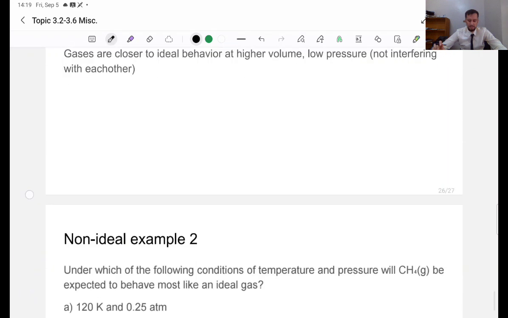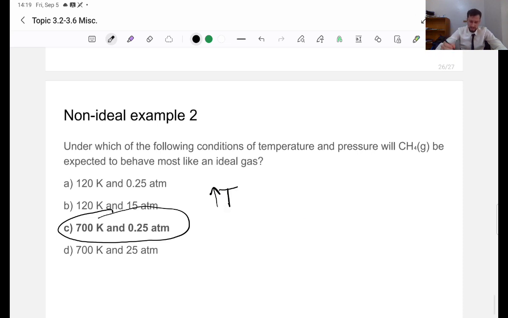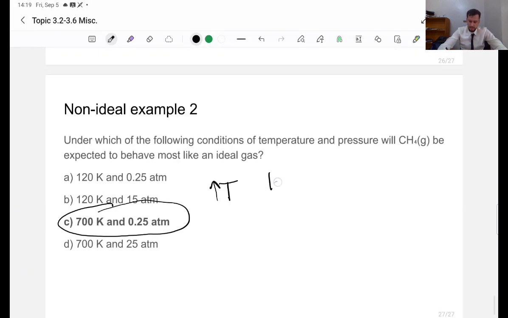So in this case, which of the following will CH4 be expected to behave most like an ideal gas? Out of the options, it's C, because this is high temperature, low pressure.